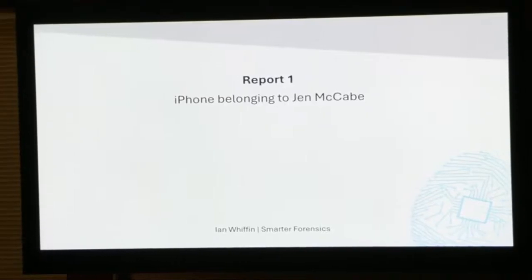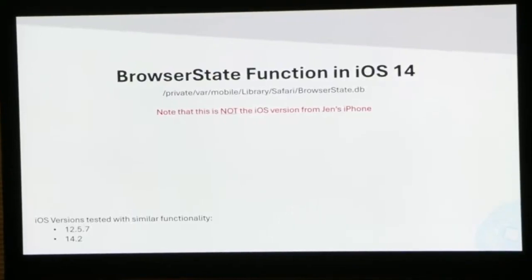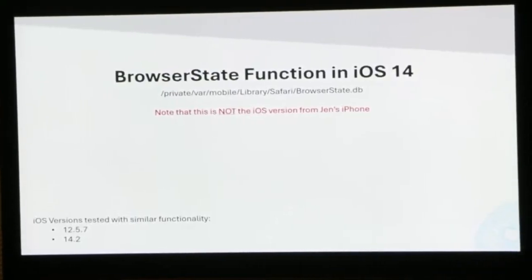Of course. The query revolved around a database called browserstate.db. Browserstate stores information about the Safari internet browser and about the tabs that the user has either had open or has open.